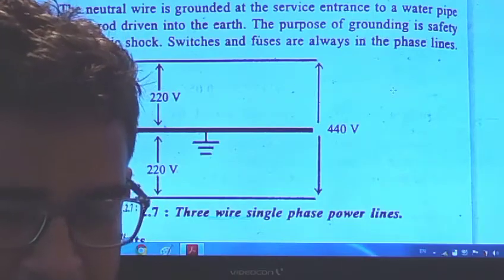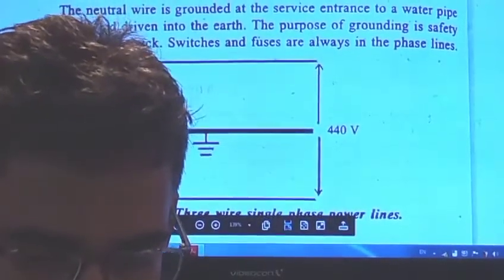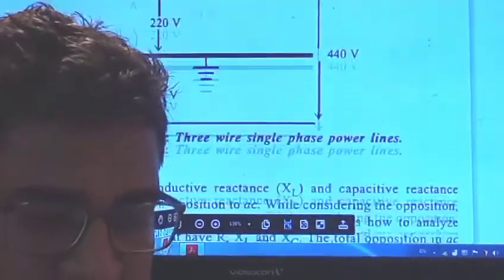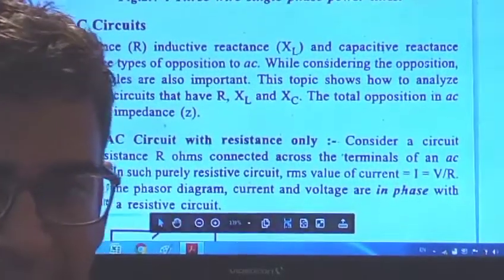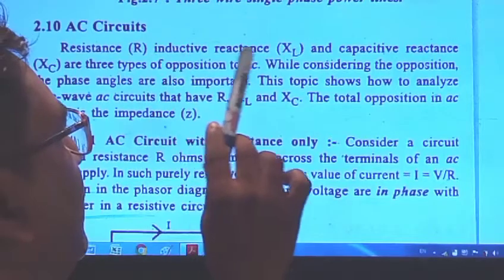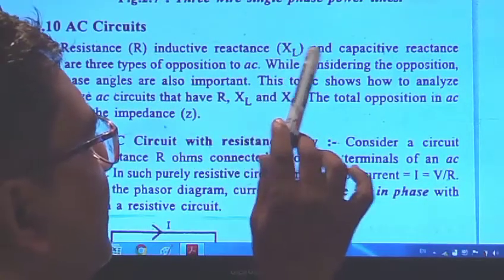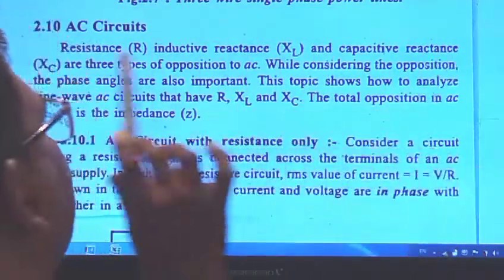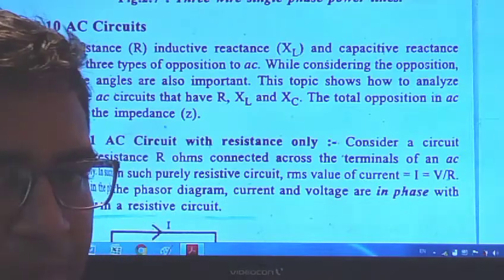Then comes the AC circuit, an alternating circuit. In it we have the resistance R, the inductive reactance XL, and the capacitive reactance XC.